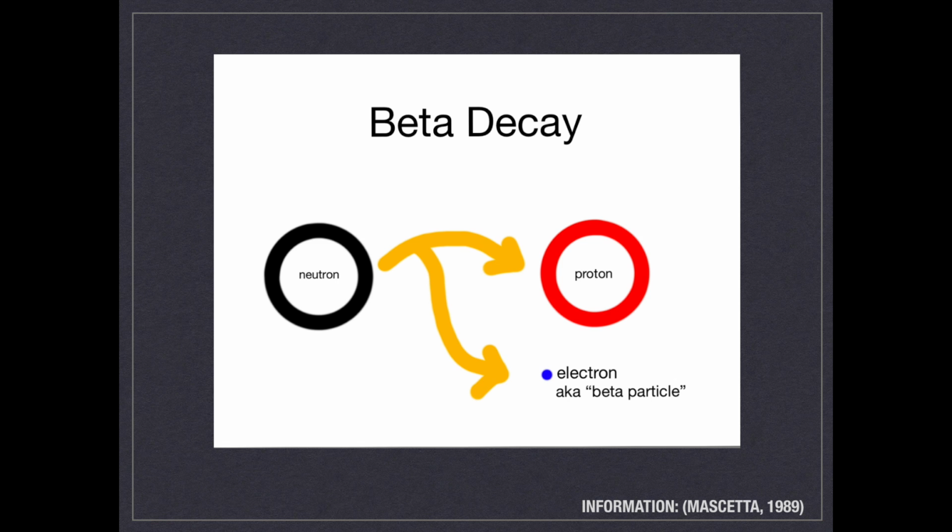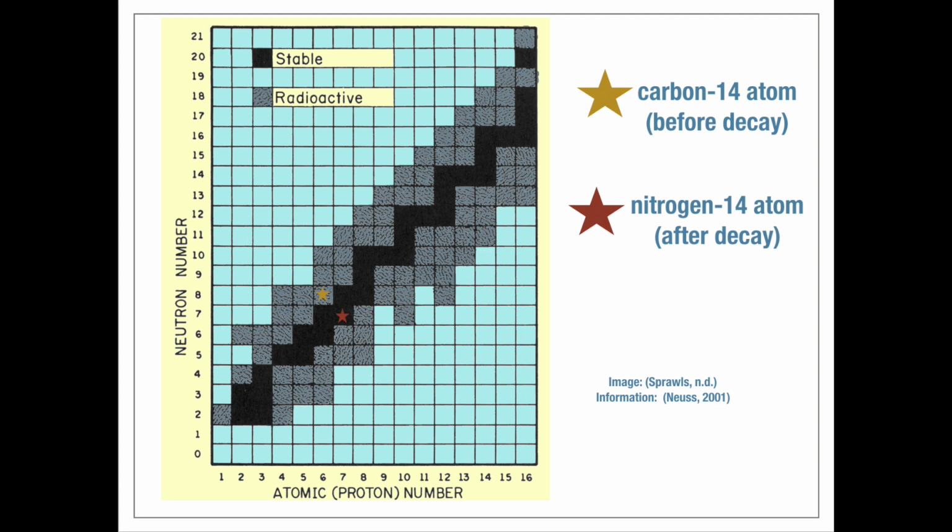This electron is nicknamed a beta particle. This makes sense. A neutron has a charge of 0, which is the sum of the charge of a proton plus the charge of an electron. So basically, nuclei that need to lose 1 neutron and gain 1 proton in order to be stable will go through beta decay. Carbon-14 is an example of an isotope with a nucleus that will undergo beta decay.